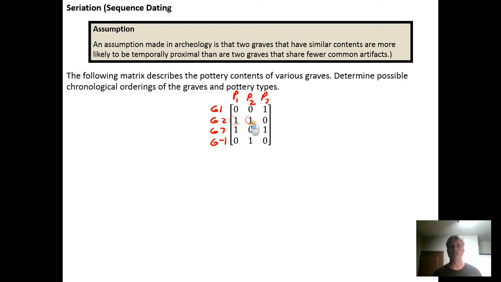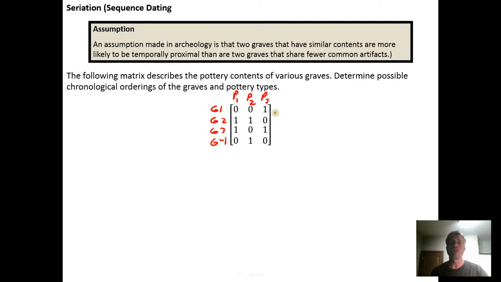Pottery type 2, because this is a 1, was found in grave 2. Pottery type 3, because this is a 0, wasn't found in grave 2. And then you would interpret the other two rows the same way. If there's a 1, then that type of pottery was found in the grave. If there's a 0, that type of pottery wasn't found in that grave.